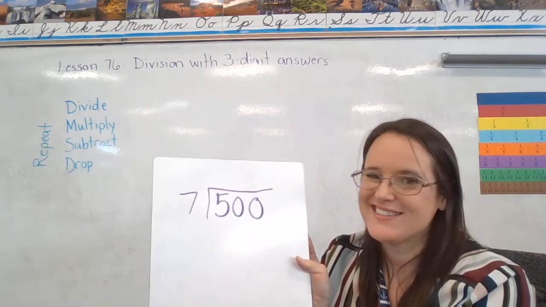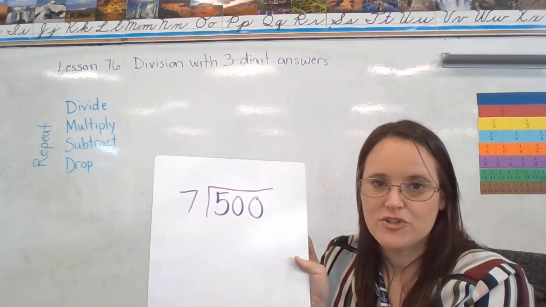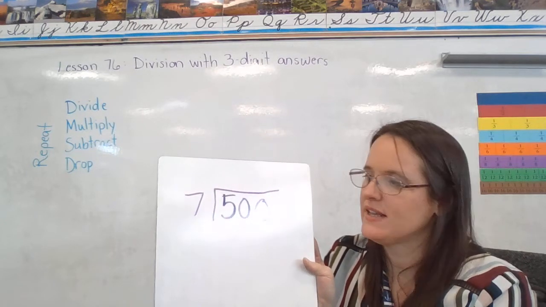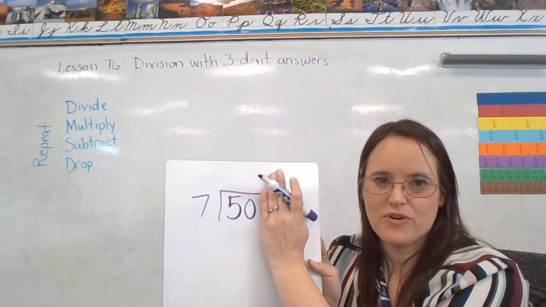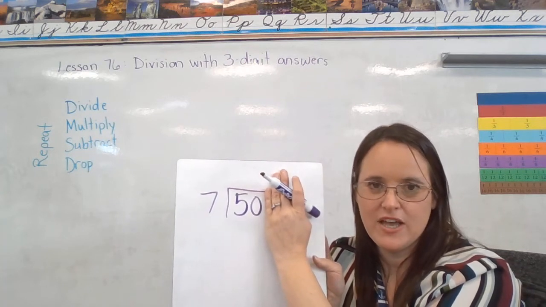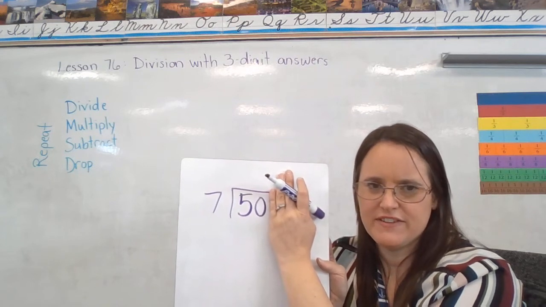I look at that, and 7 doesn't go into 500 very easily. So I'm thinking, what are multiples of 7? And I'm really just going to ignore that 0 there, because if I just look at the 50, what's a multiple of 7 that's really, really close to 50?